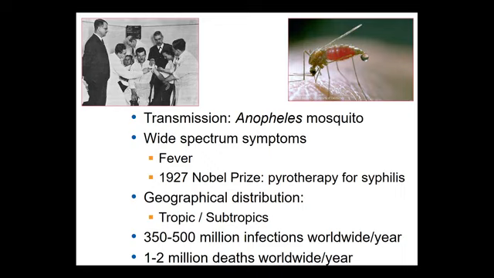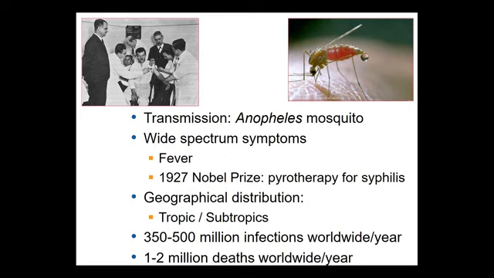Geographical distribution: nowadays it's spread in the tropics and subtropics, while in older days it was spread almost all over the world, because the conditions for spreading malaria are just the presence of mosquitoes, which is almost worldwide, and temperature; the average daytime temperature should be more than 15 degrees, which occurs in summer even in rather cold countries, I mean countries with a moderate climate.